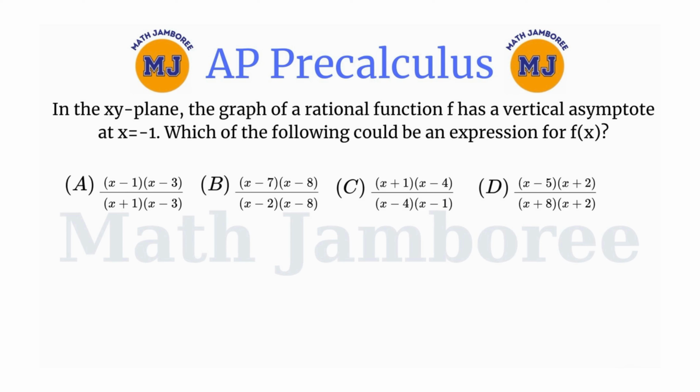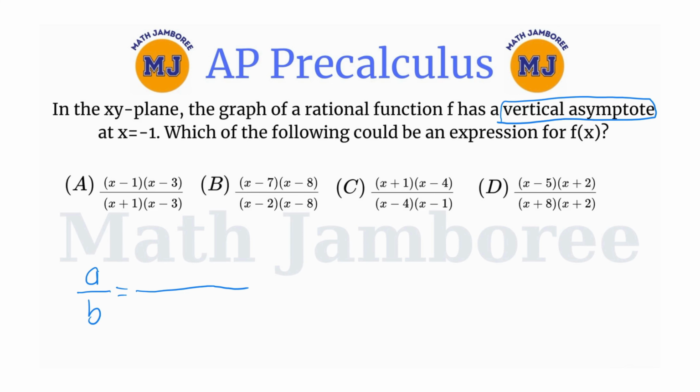So, if we're talking about rational functions, we're talking about a numerator and a denominator. Rational functions consist of numerators and denominators. And now in this specific question, we're talking about a vertical asymptote.